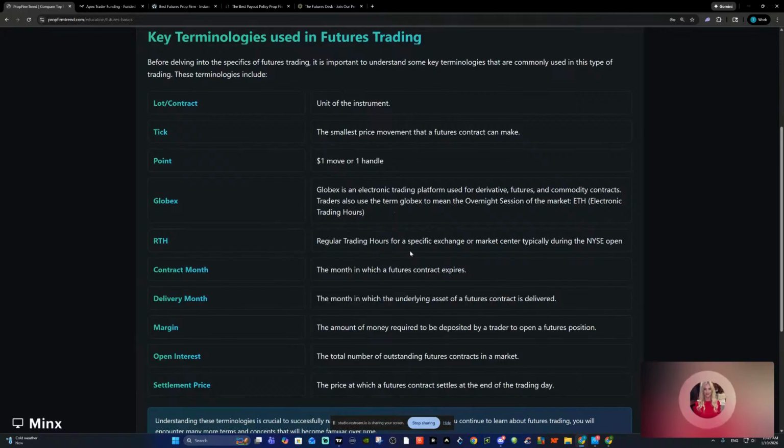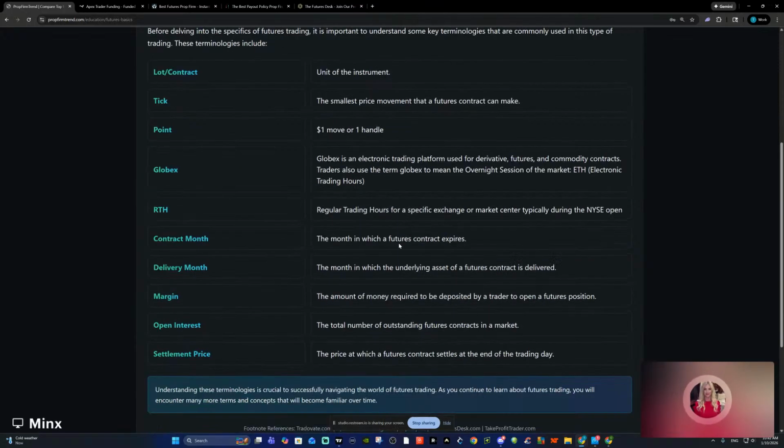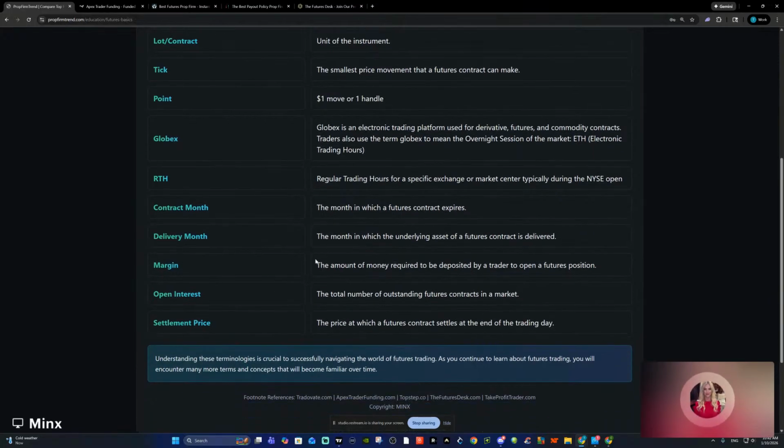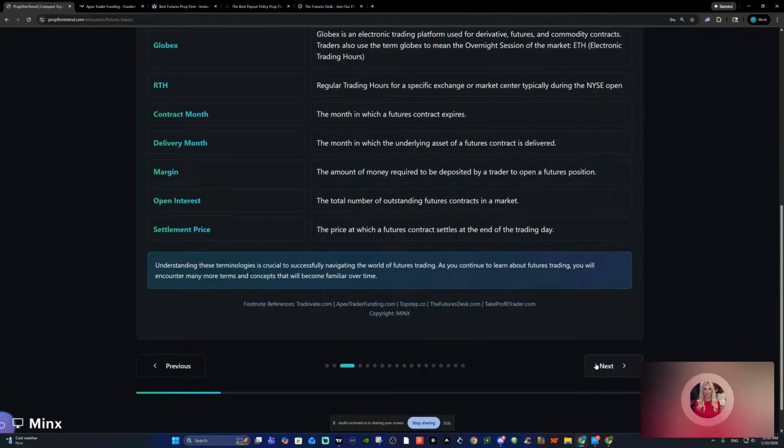Regular trading hours is for a specific exchange, typically the New York session or when the New York Stock Exchange is open. Contract month is the month in which a futures contract expires, which we just went over. Margin is the amount of money required to be deposited by a trader to open a futures position. Some of these are common sense, you can read through that.